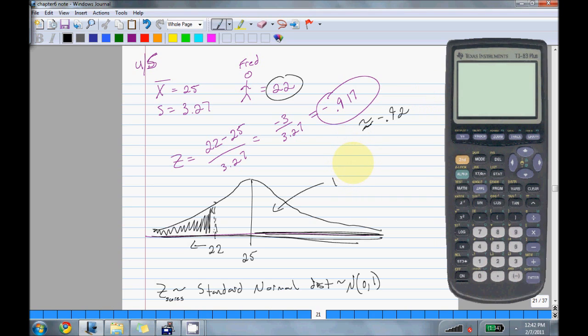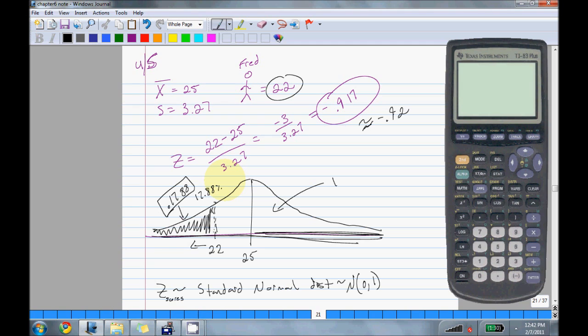All right, so the percentile of this, given our z-score, is 0.1788, or 17.88%. So 17.88% of people lie below Fred's age of 22. That's what that told us.